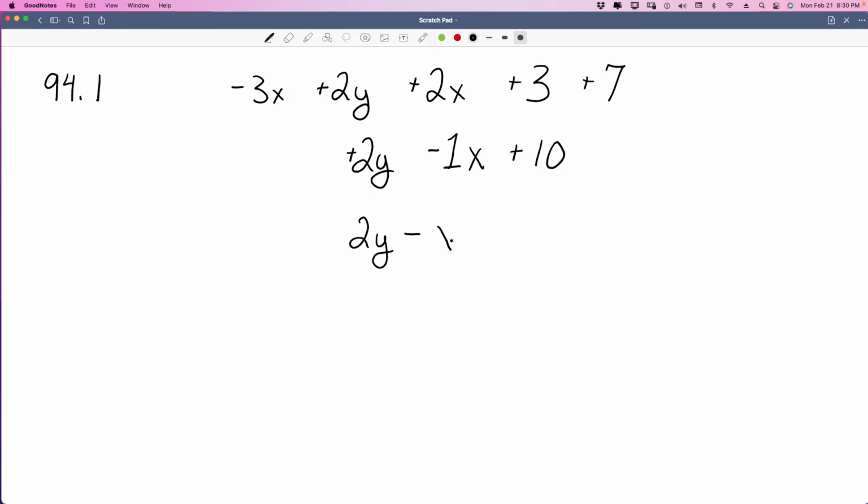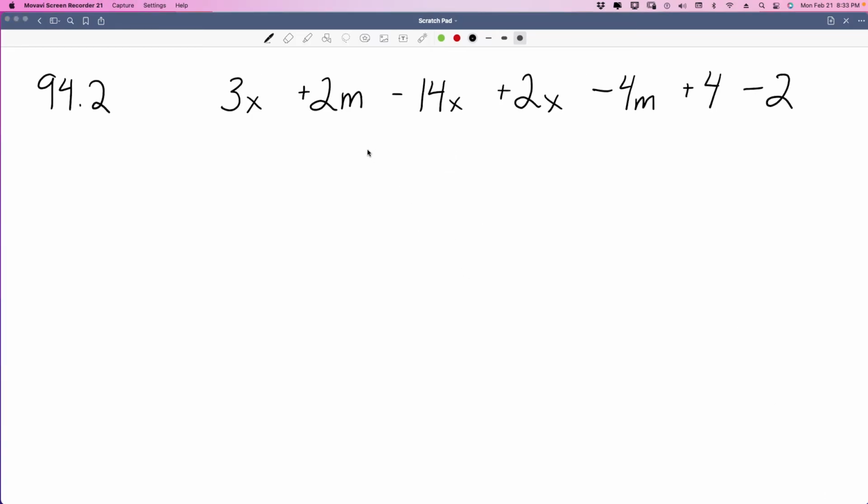So we just leave the variable by itself. And we're going to bring the positive 10 down, so it's going to be a plus 10. And that would be the answer to the combination of these terms into one expression. That's as simplified as we can get it. So let's clear this one and move on to 94.2.